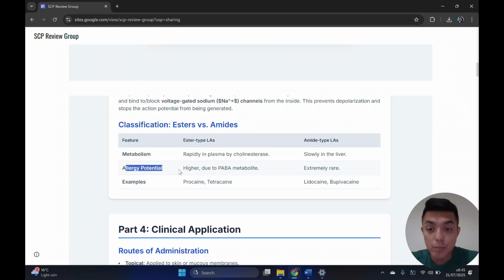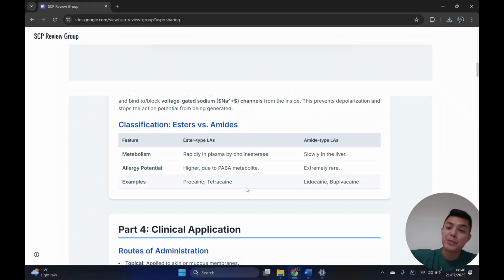In its allergy potential, it will be higher due to the PABA metabolite, or para-aminobenzoic acid. Now, why is this? Because it gets rapidly metabolized in plasma by cholinesterase. If it gets rapidly metabolized, it gets converted to this metabolite, which is an allergen, the PABA.